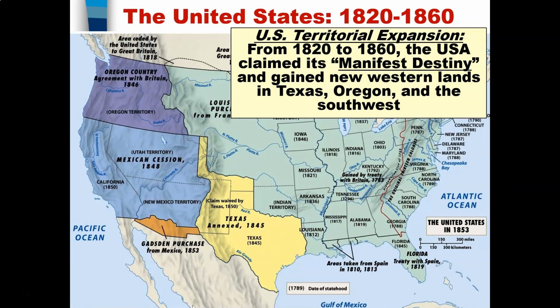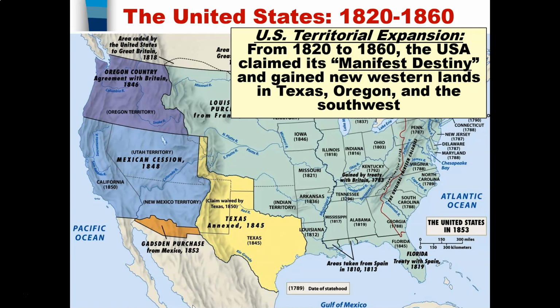From 1820 to 1860, the United States claimed its manifest destiny and gained new western lands in Texas, Oregon, and the Southwest. As you can see here from the map, the Oregon country became part of the United States in 1846.